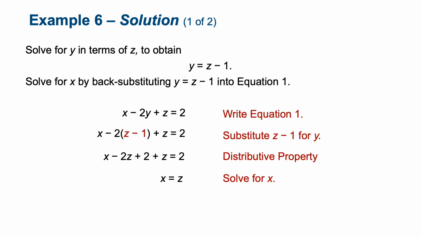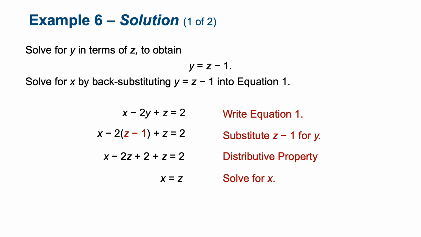So if we solve for y in terms of z, we would get y is equal to z minus 1. And if we plug that back into the first equation, instead of y we put z minus 1, you would get x minus 2 times the quantity z minus 1 plus z is equal to 2. You distribute that negative 2 and then solve for x, and you would get x is equal to z, actually.